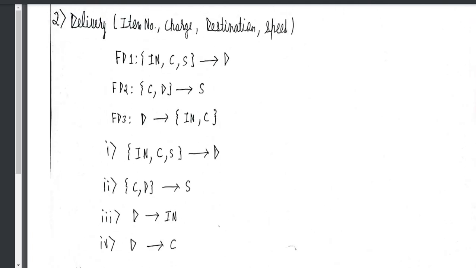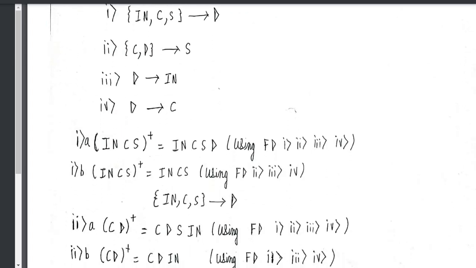First, we have split the functional dependencies using Armstrong's axiom of decomposition rule. The dependencies are split as follows, and now I have numbered them as 1, 2, 3, and 4.